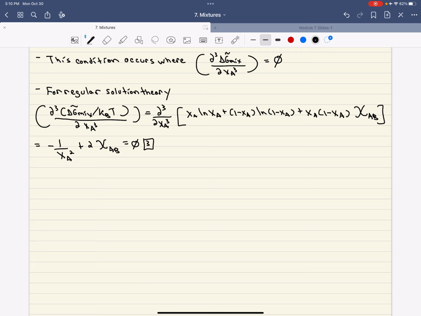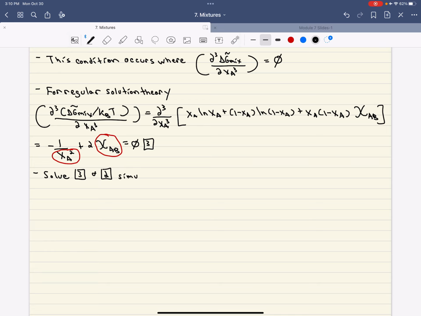Of course, in this equation we actually have two unknowns. We don't know our critical point composition, and we haven't solved for chi AB either. To get these two unknowns, we need one other equation, and that's the second derivative that we used earlier.